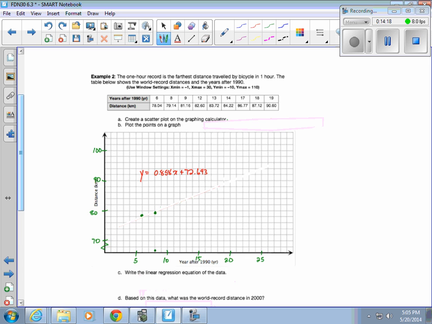Next one was 9 and 81.16, so just over. 12 and 82.6, just a little above 82. 13 and 83.72.